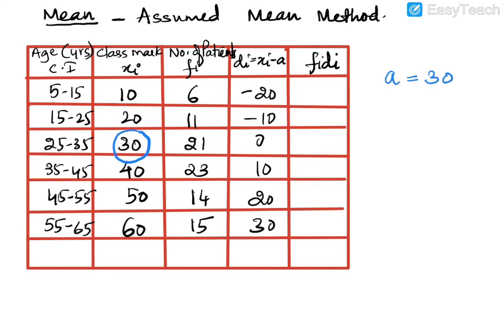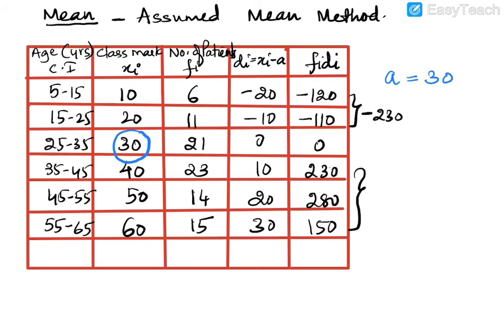Now find the product of frequency and the deviation for each xi value. So we will get minus 120, minus 110, 0, 230, 280 and 150. The sum of negative numbers will be minus 230.